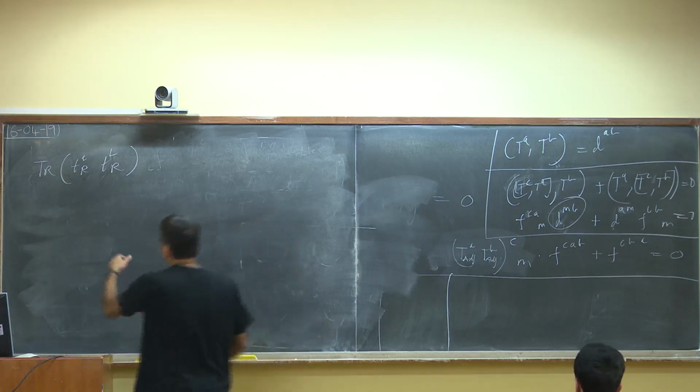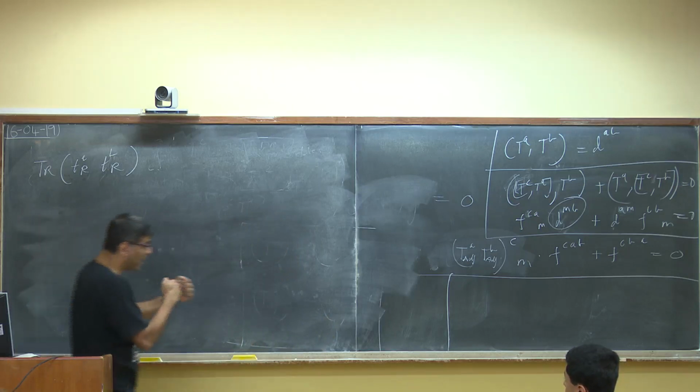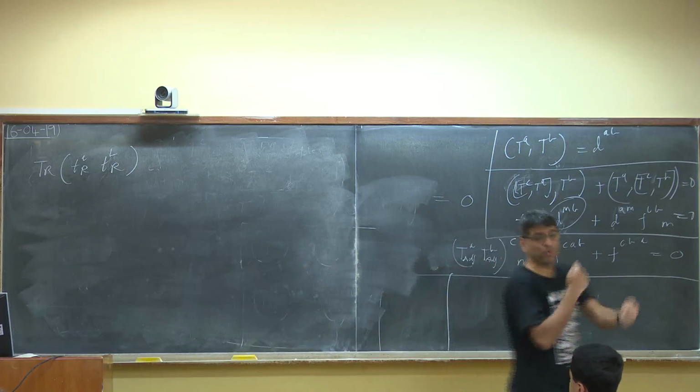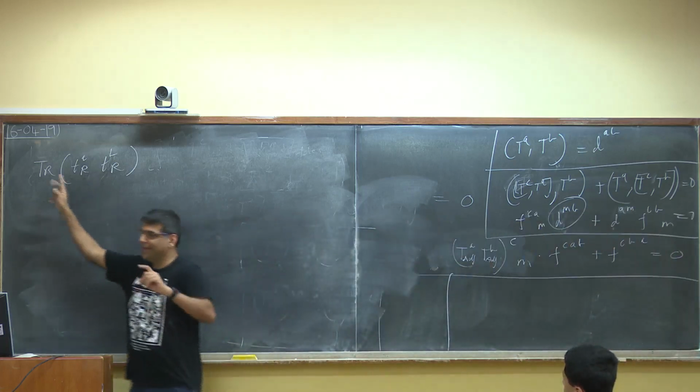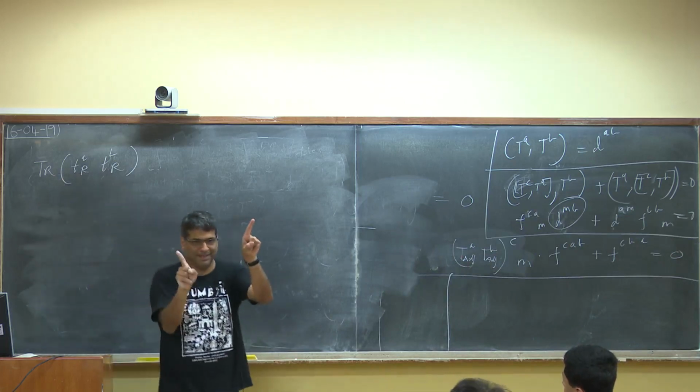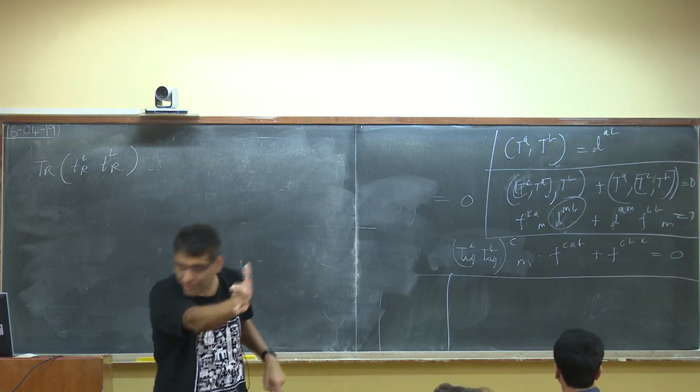So this acts with some u, the operator u inverse, and then you get u t u inverse. What I'm doing is rotating in the group. I take two elements of the group, but in some representation, and then I rotate elements of the group.